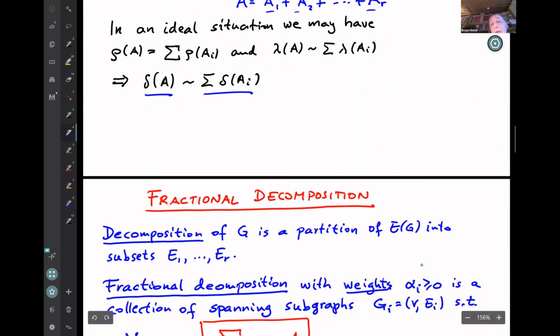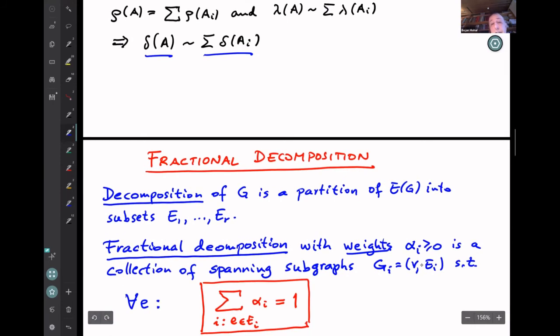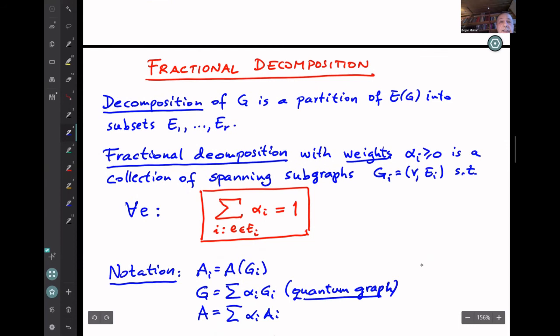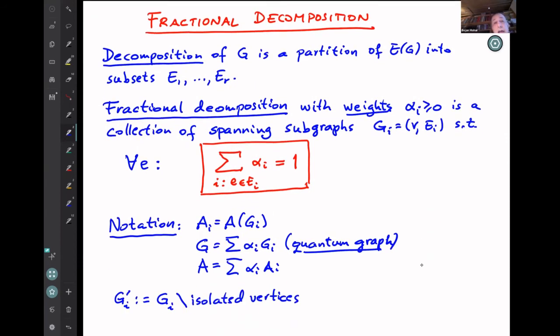Now, we can't profit with that, but it works in a little bit more general situation, which I ended up calling fractional decomposition. First of all, if you have a partition of edges into subsets, then you say this is a decomposition.